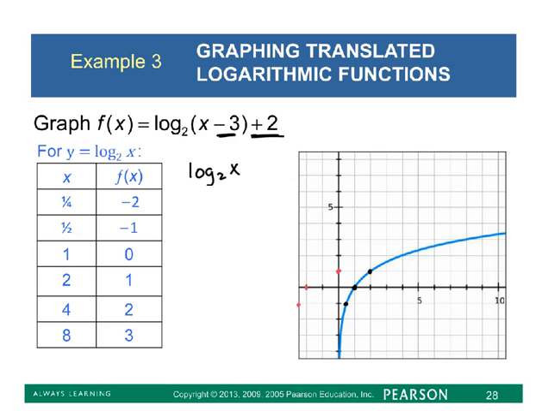And then take those same points and go up 2 units. So 1, 2, here. And then draw a smooth curve through those points. I didn't make my graph big enough, but it would look something like this. Remember, there's a vertical asymptote right there.